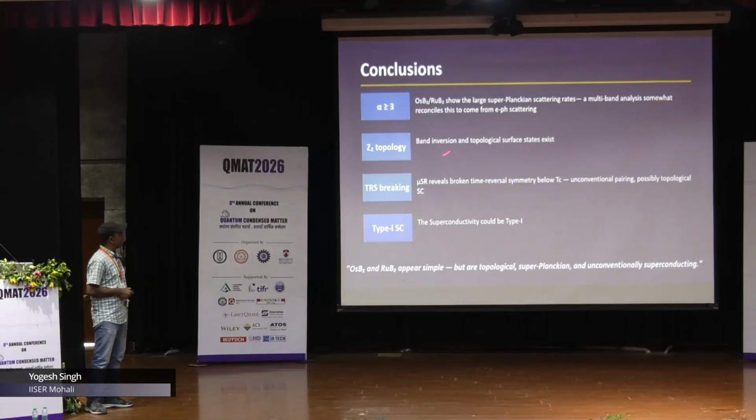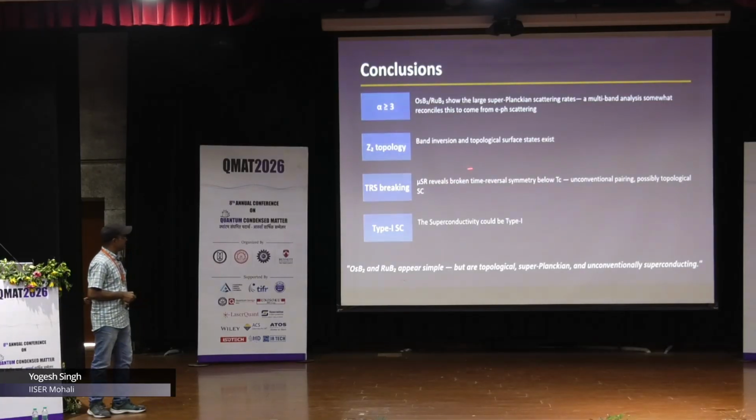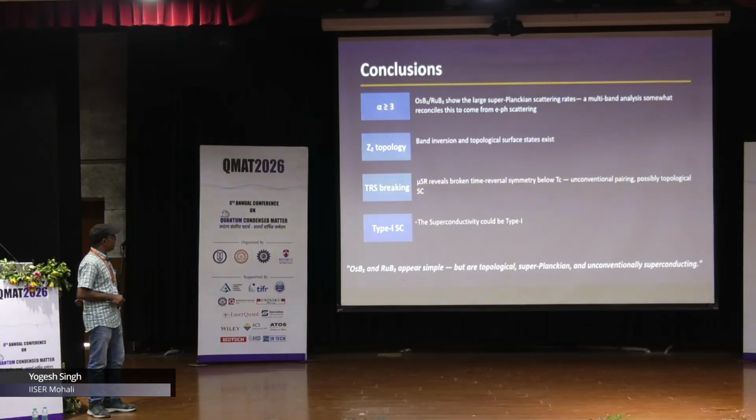The band inversion, because of the strong spin-orbit coupling, leads to a Z2 metal characterization, and this leads to topological surface states at certain surfaces on the crystal. μSR reveals that inside the superconducting state, time reversal symmetry is broken. Therefore, some unconventional pairing must exist. And the superconductivity could also be type 1 and multi-gap.